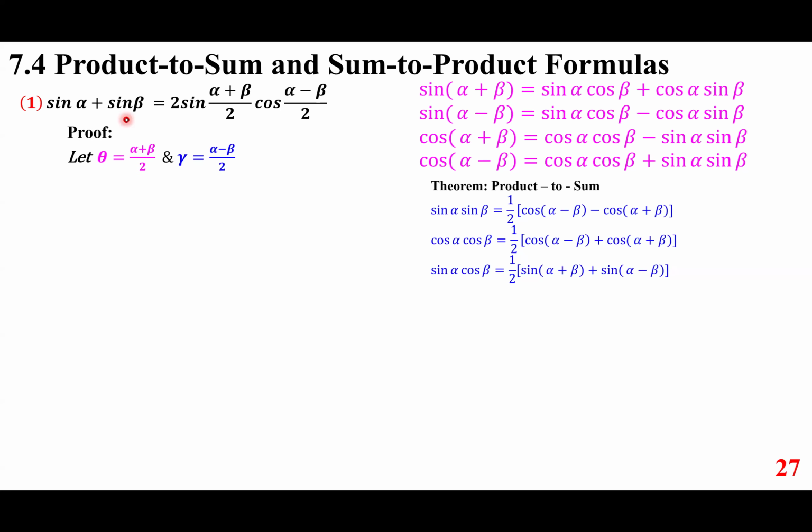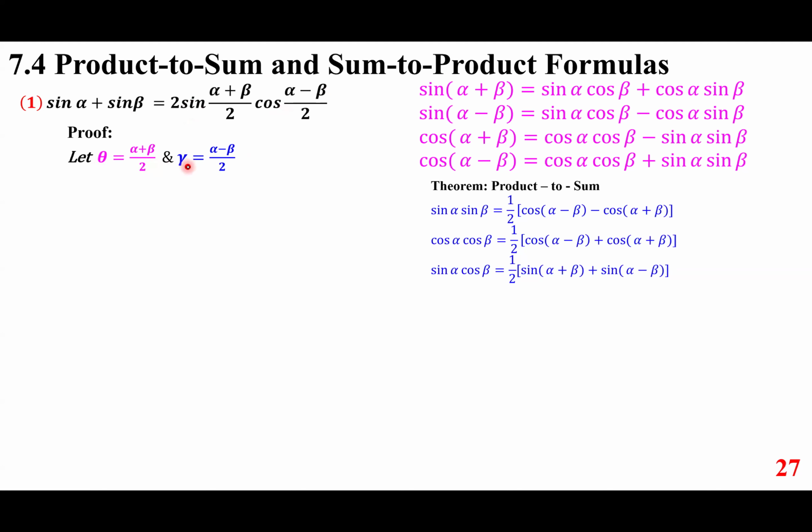We are going to let alpha plus beta divided by 2 be something, for example, theta, and alpha minus beta divided by 2 be something else. Can't be the same thing. For example, gamma. So the right-hand side is looking at 2 sine theta cosine gamma.